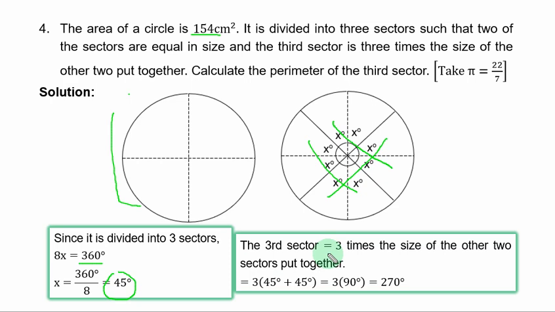You multiply it by 3 and you have 270 degrees. This becomes the angle of the third sector. You can now find the perimeter of the third sector when you know the radius from the area of the circle.